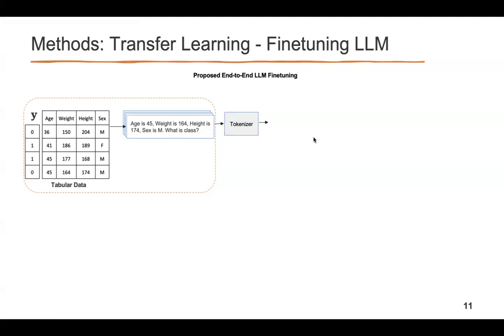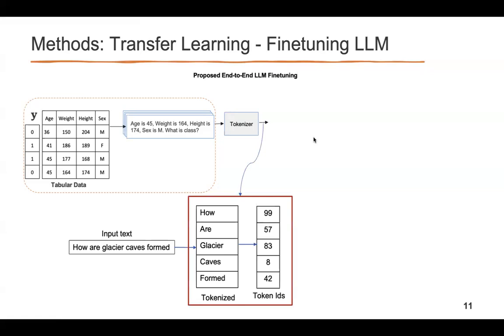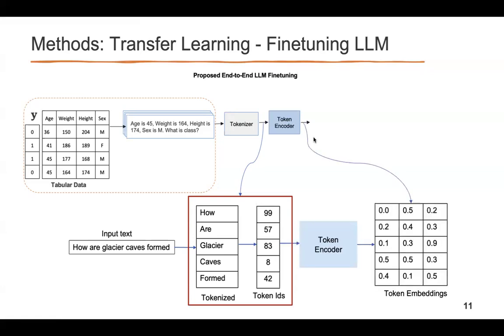Let's say an example text is "how are glacier caves formed." If we pass it to a tokenizer, it first tokenizes into the simplest form of words and then gets the corresponding token IDs. Once we have the token IDs, we pass them to a token encoder. This token encoder gives us the corresponding token embeddings.